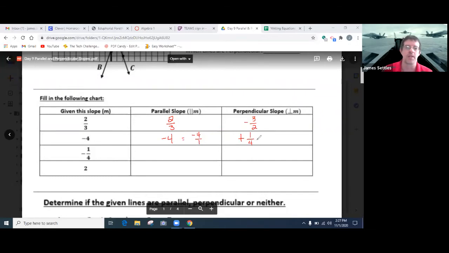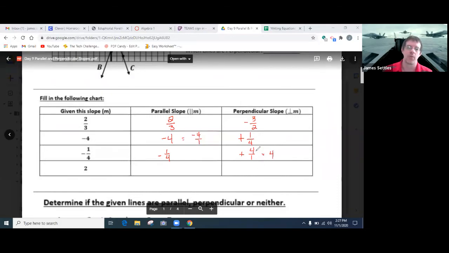So parallel slopes are the same. Obviously, parallel slopes are the easy one. So when we talk about which one's easy and which one's hard, get the parallel slopes. Those are easy. And then the perpendicular slopes are the ones that are a little bit more difficult. Okay, this one right here, parallel slope is -1 over 4. Okay, so if we change the sign, it's a positive. And then if I flip it, it would become 4 over 1, which would just be 4.